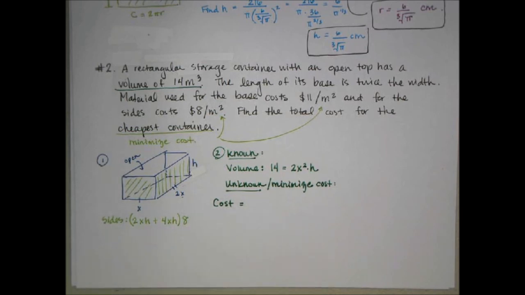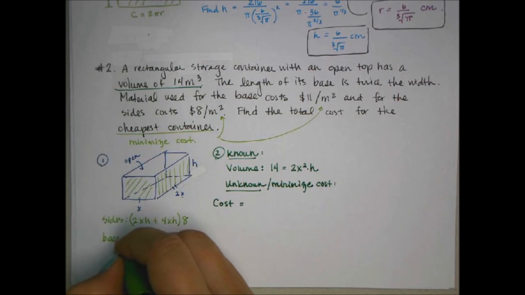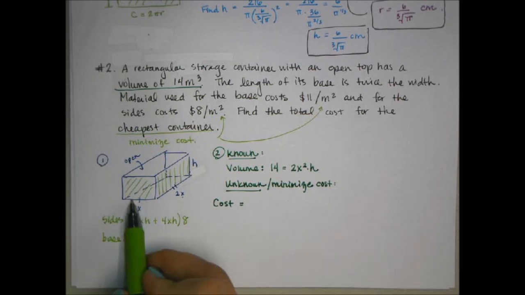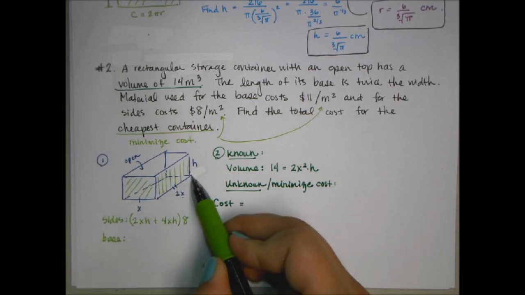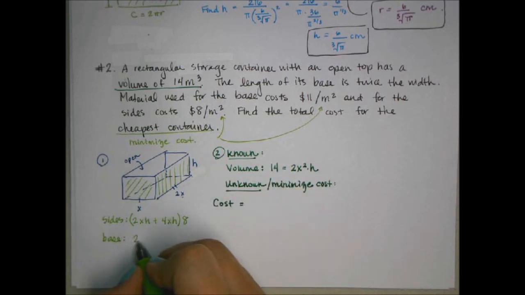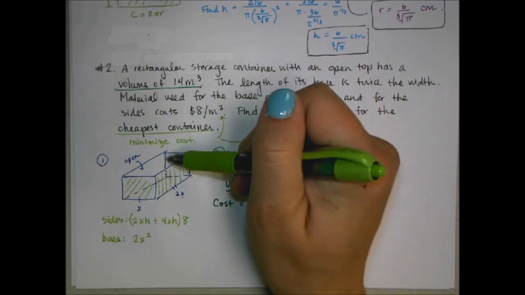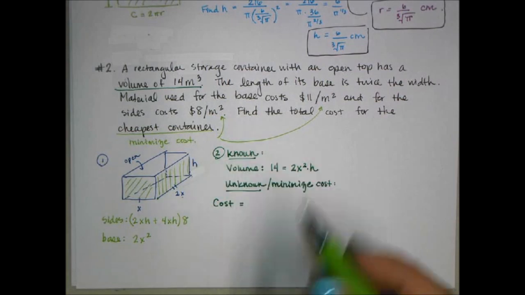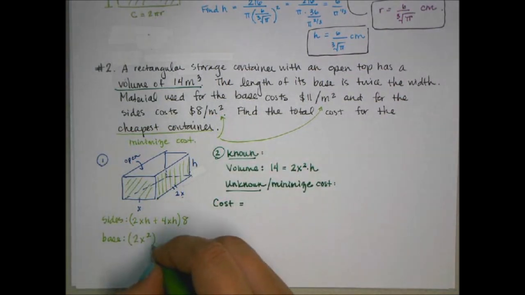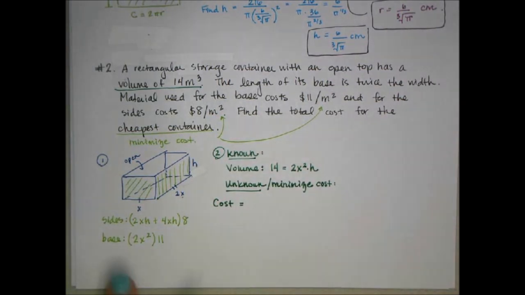For the base, okay, our surface area is x by 2x, so 2x squared. Remember, there is no top, so it's just the base itself. And this is going to be $11 per square meter. So I'm just multiplying these values together to get my total cost.